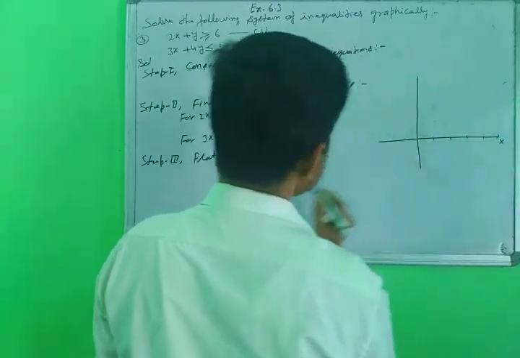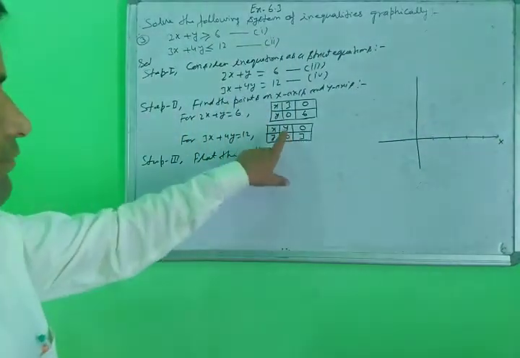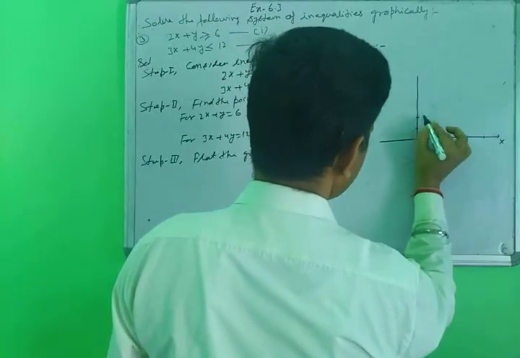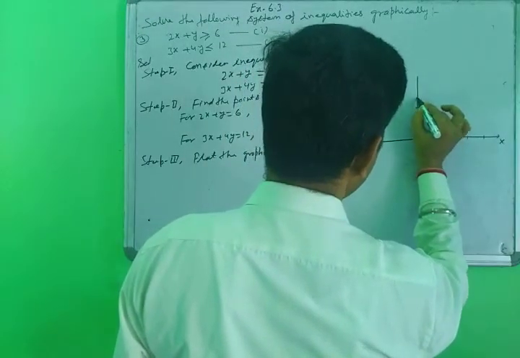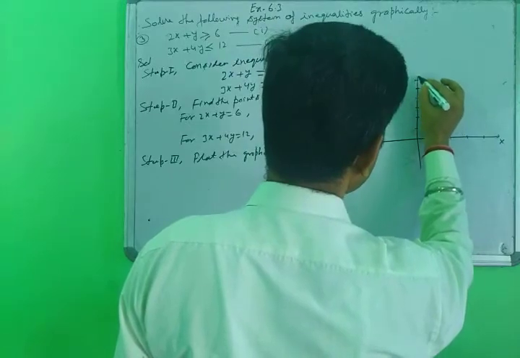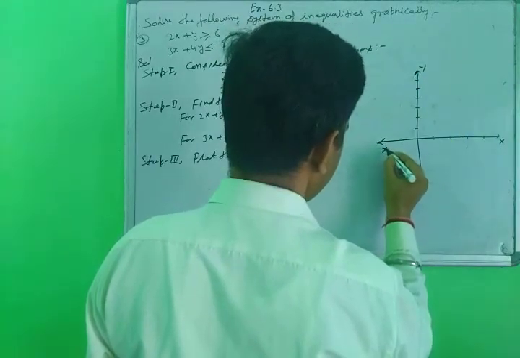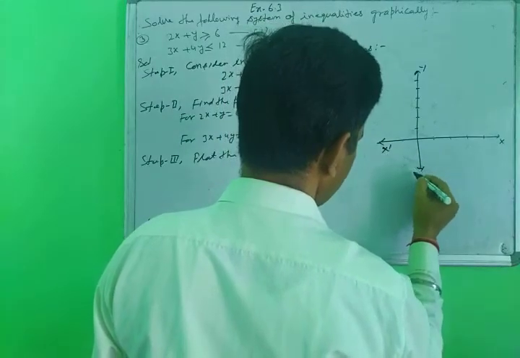This is the x-axis. Next, the maximum value of y is 6: 1, 2, 3, 4, 5, 6. This is the y-axis, this is x dash and this is y dash.